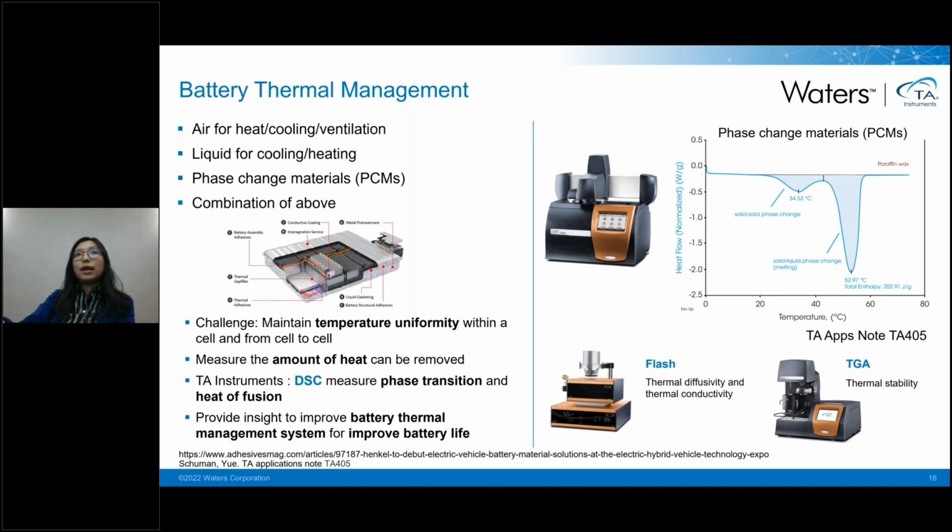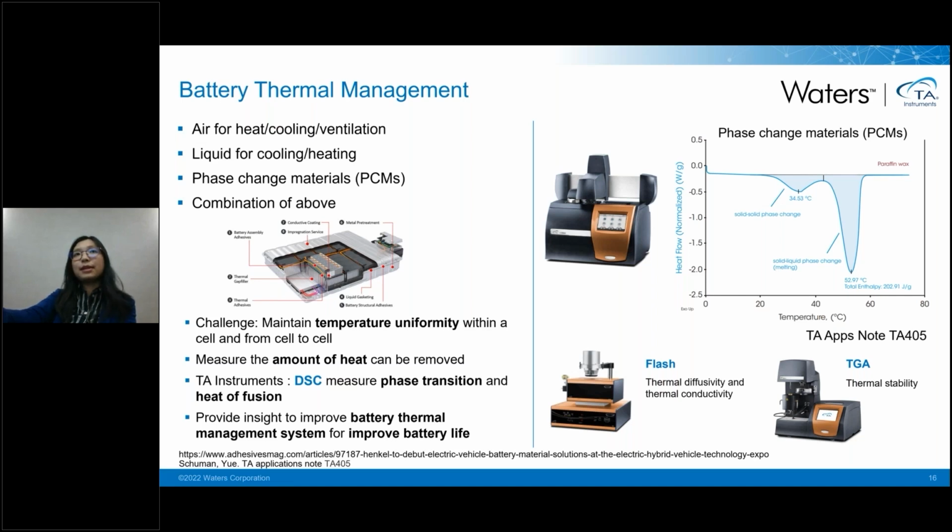Others use a high thermal conductivity liquid to cool the battery module. And more commonly now, people use phase change materials, which we call PCMs, using the change of the heat flow during the different phase transitions to reduce or recool the battery or maintain a stable temperature.